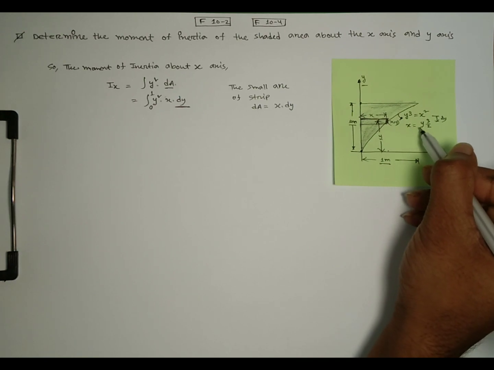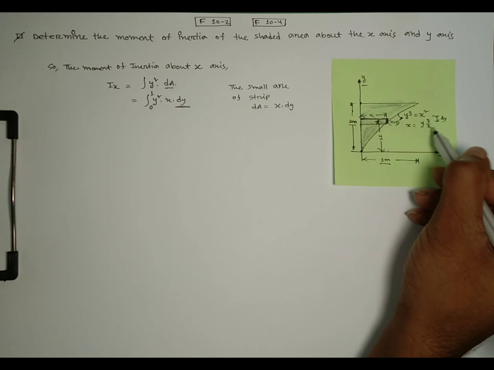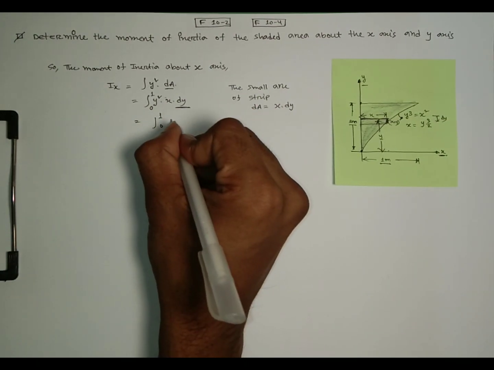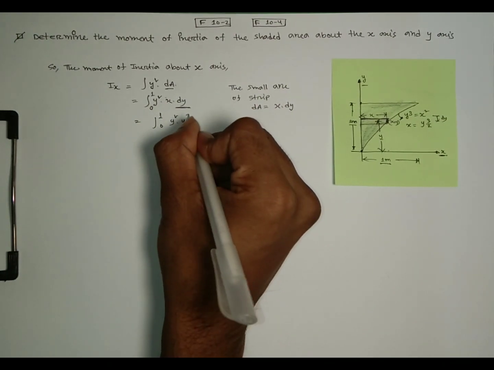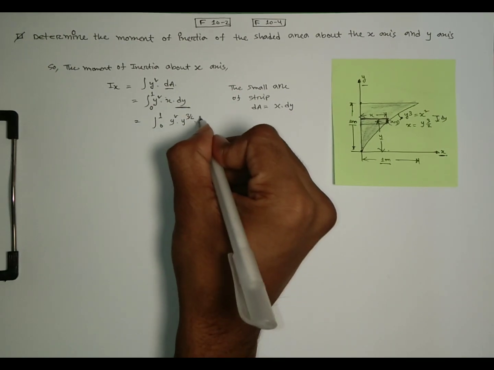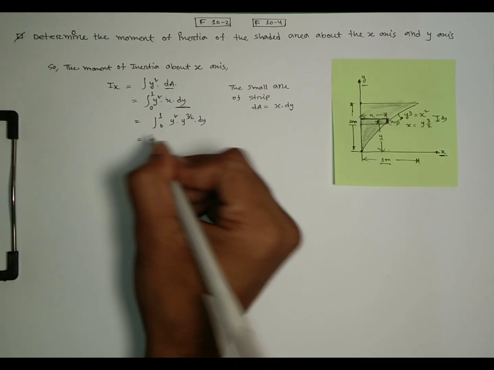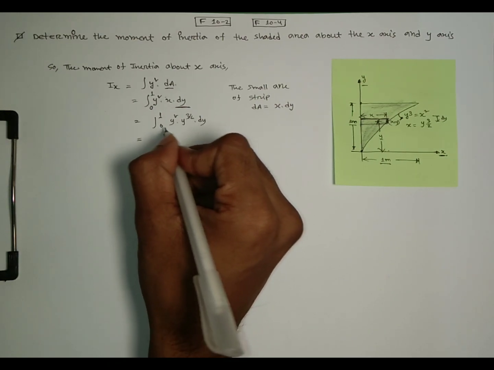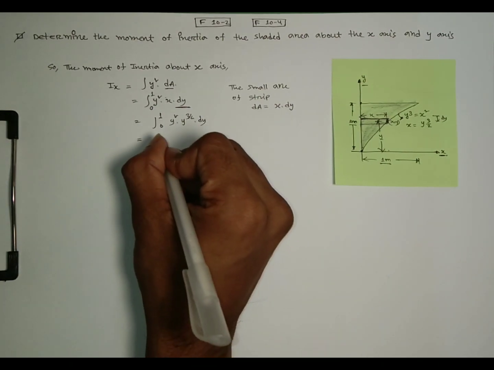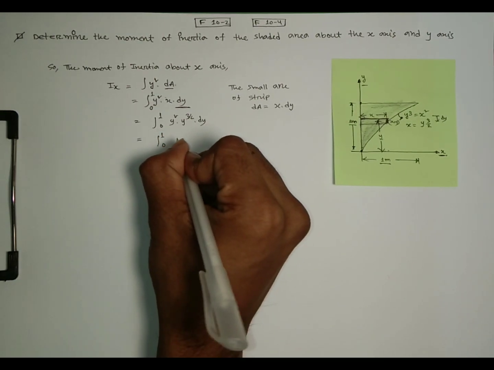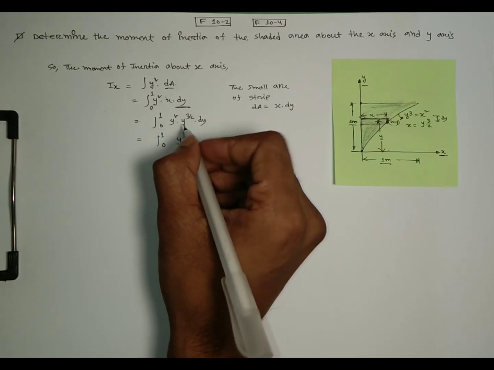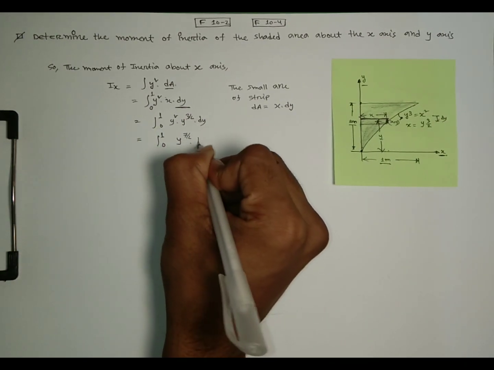So let's put x equal to y to the power 3 by 2 here. Upper limit 1, lower limit 0, y squared times y to the power 3 by 2 into dy. Now summing the powers of y, y to the power 3 by 2 plus 2 will be 7 by 2, into dy.